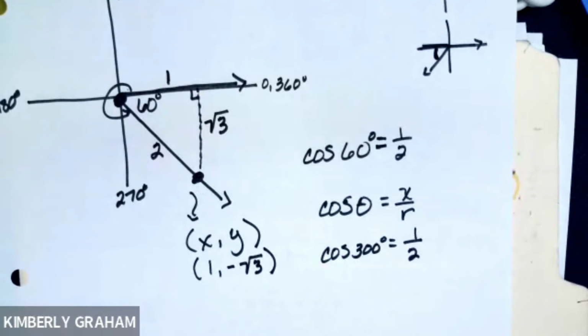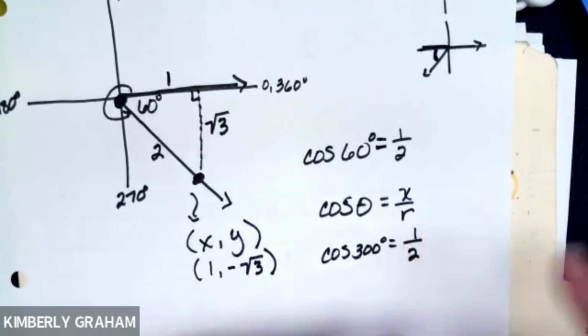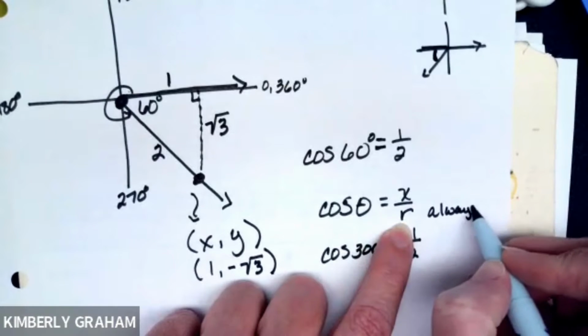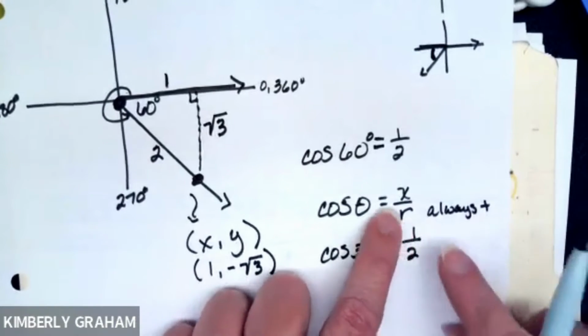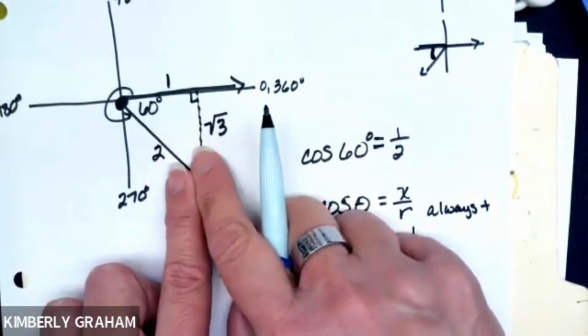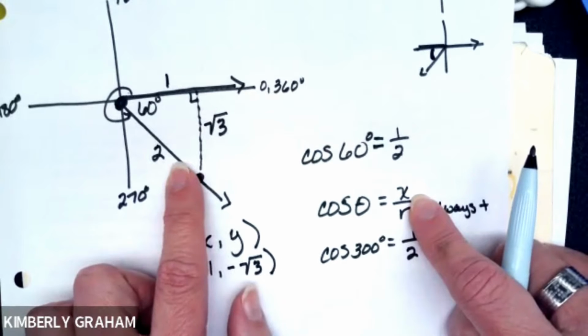But when I'm looking at it in a circular definition, my cosine is based on X and R. R is always positive. And when I'm down here in quadrant 4, my X value is positive.